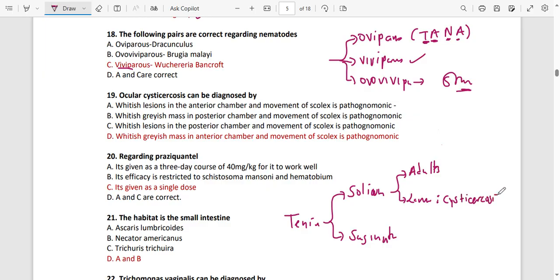Imagine, I failed to write this word, cysticercosis, in that quiz. Adults cause taeniasis. Because with saginata, the larva doesn't affect human beings, there is no cysticercosis for saginata. That is an interesting thing we should know.